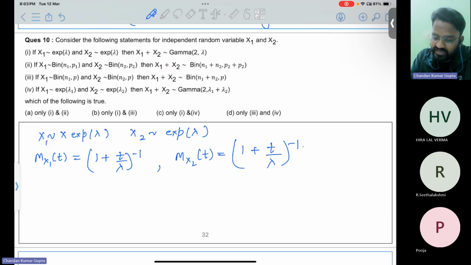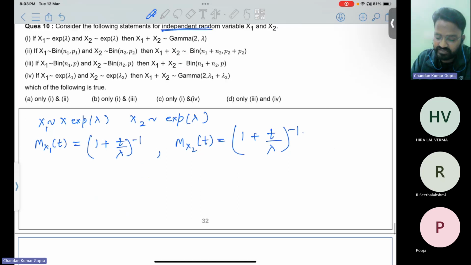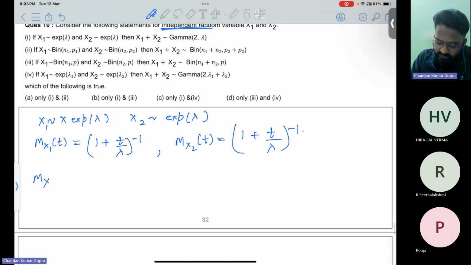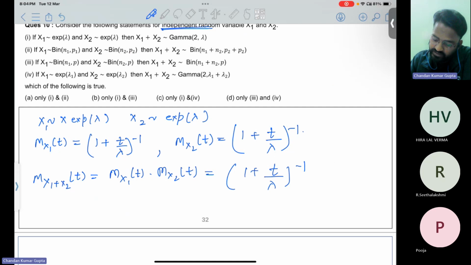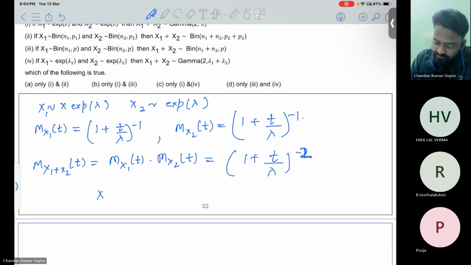These are independent, so M of x1 plus x2 t is M of x1 t into M of x2 t, which comes out to be 1 minus t upon lambda to the power minus 2. With the help of the existence and uniqueness property of the MGF, this is the MGF of the gamma distribution.